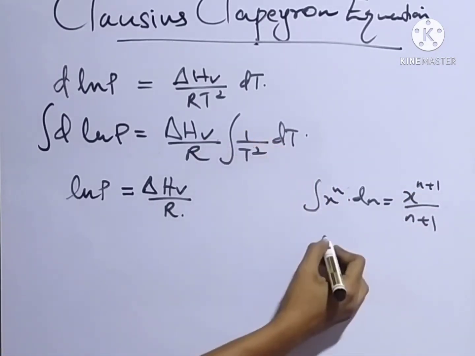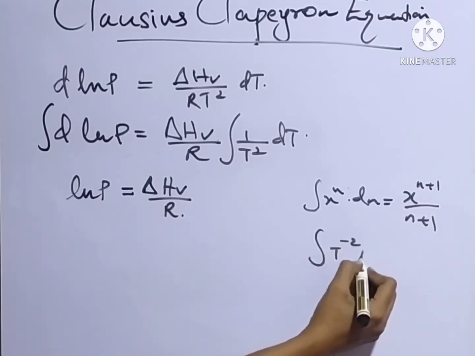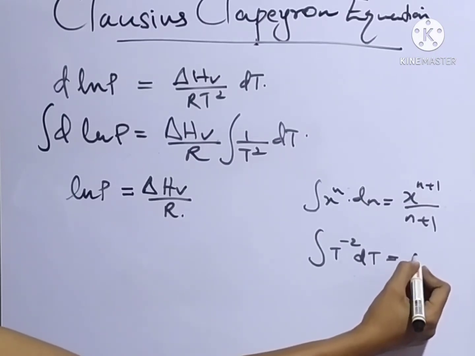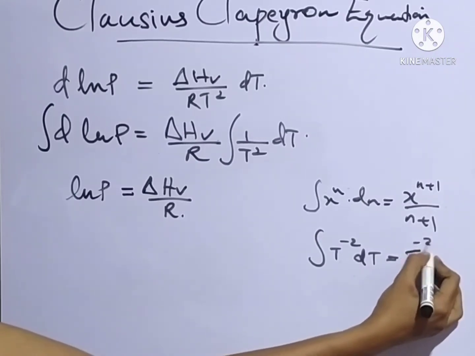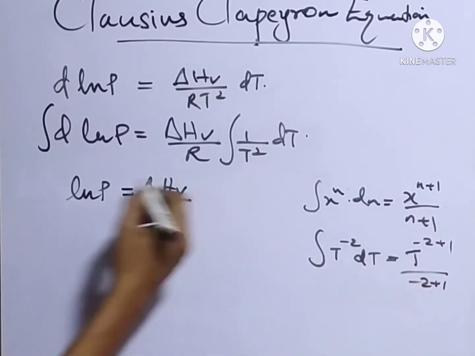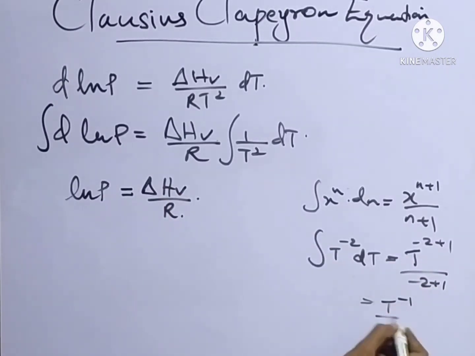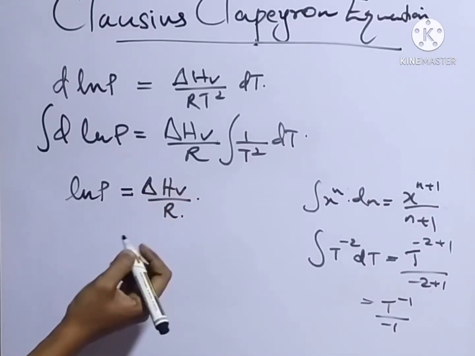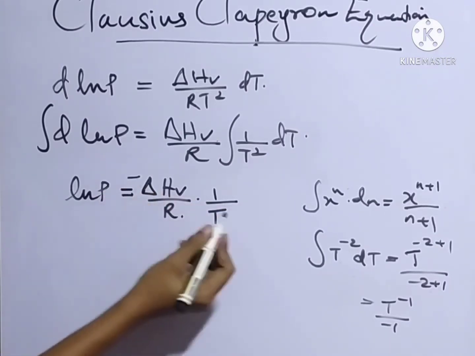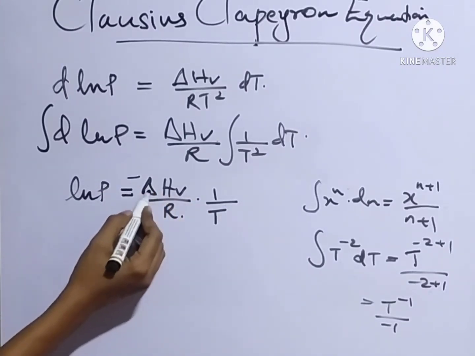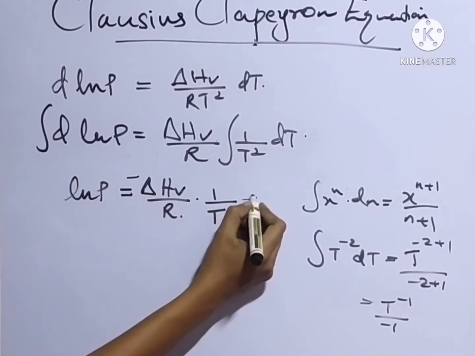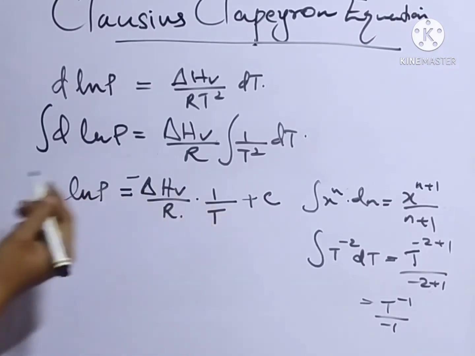Here it is T raised to minus 2 dT, so we can write the answer as T raised to minus 2 plus 1 divided by minus 2 plus 1. Here we will get T raised to minus 1 divided by minus 1, that is the answer is minus 1/T. So ln P equals minus ΔHv / R times 1/T plus C, where C is the integration constant.